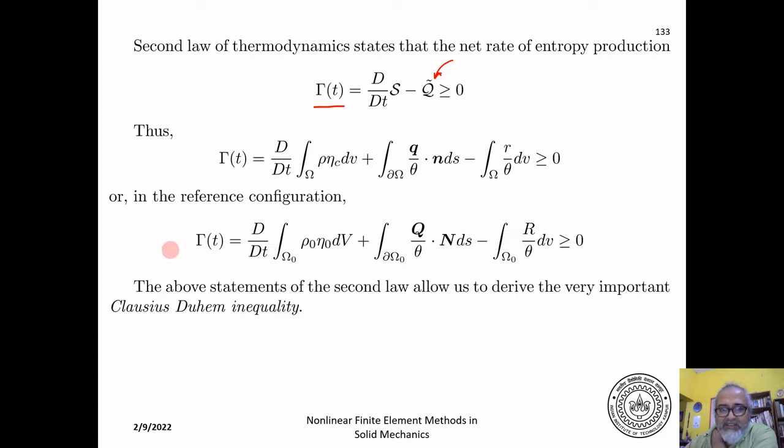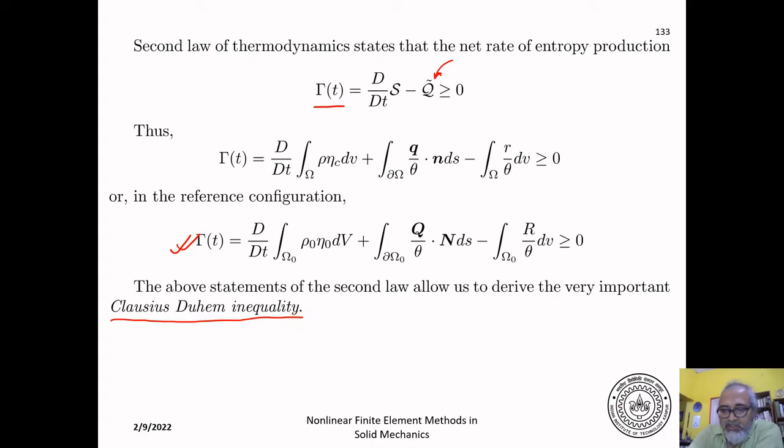Now let us take this and we can start from this as well, but we will first do it with the statement of the second law in the undeformed configuration, and this will lead to a very important inequality called the Clausius-Duhem inequality.